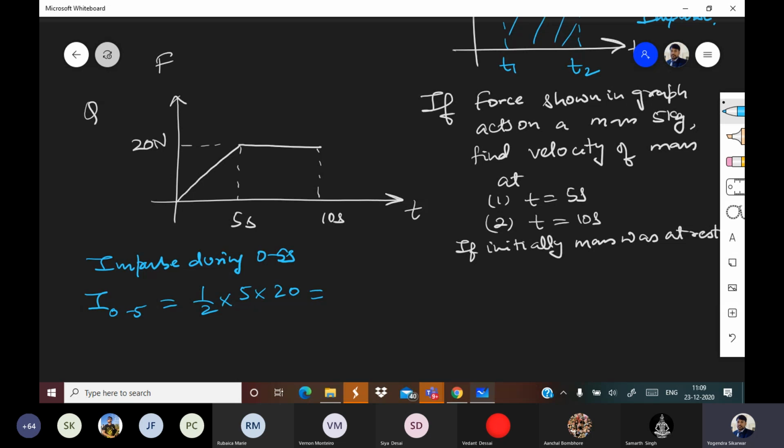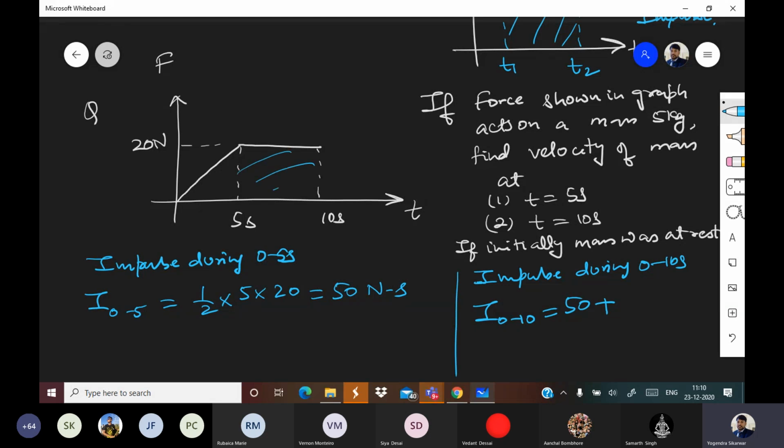So 20 into 5 is 100 by 2 is 50 Newton seconds. Similarly, impulse during 0 to 10 seconds. So I 0 to 10 is equal to 50 plus, because 50 is already there, how much will be area of this? So that is 5 into 20, and that will be 150.